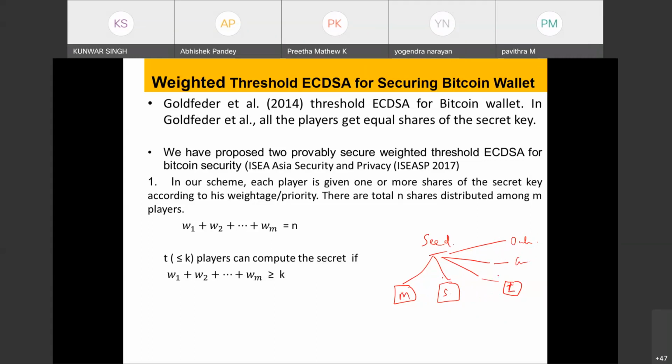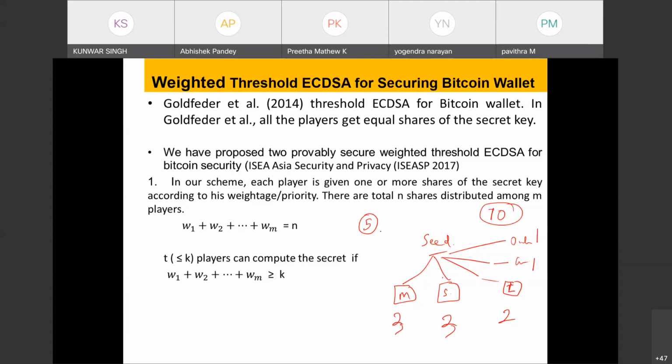Ultimately, let's say the total is 10, and 5 is required. Out of 10, 5 is required. You may give 2 to this one, which is more secure, 2 to this one, 2 to this one, and to this you can give maybe 3, 3, 2, and this is 1, 1, total 10. So you are giving more weightage to this one, 3 times that of these.